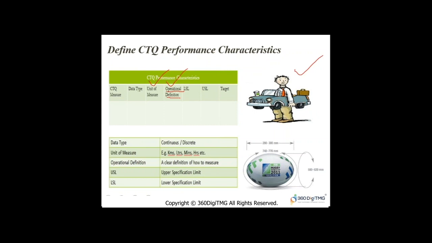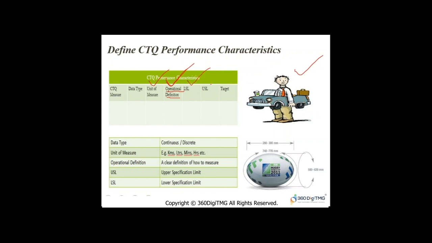Based on that, I'm going to derive my time taken to reach office. Some other person might say, no, from the time I start the car till the time I switch off my car in office. That would be the start and end time definition for me, right? So different people might measure differently. In order to ensure that everyone measures it in a similar fashion, you have this operational definition in place.